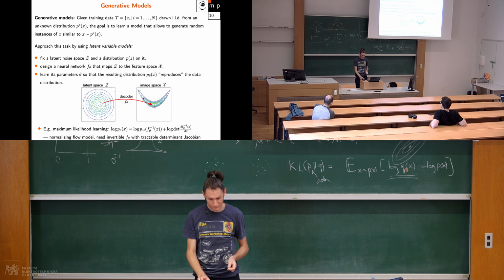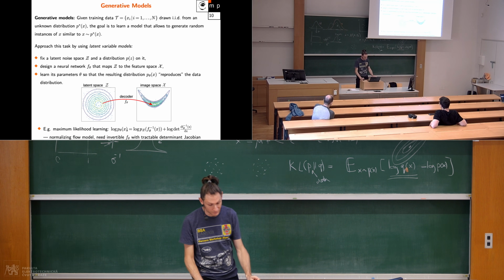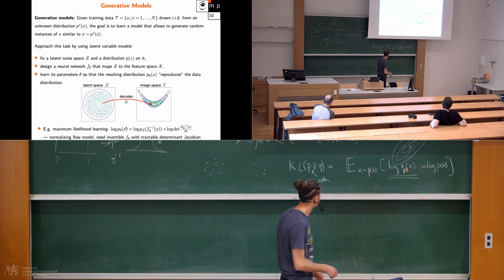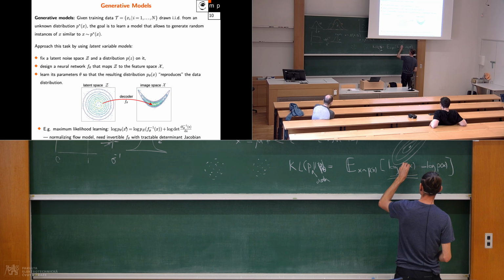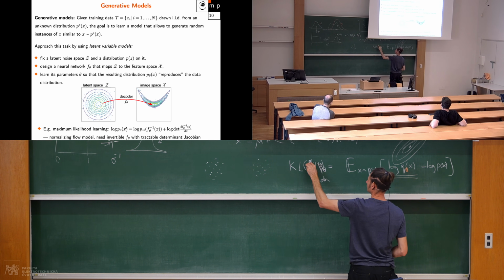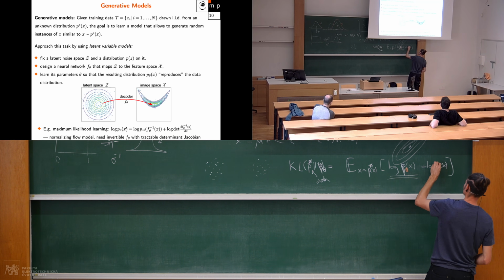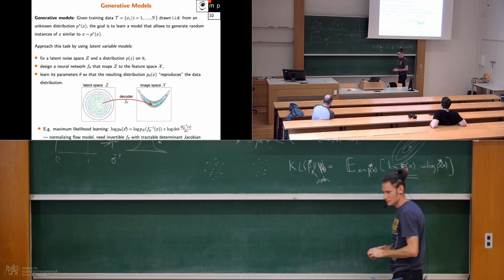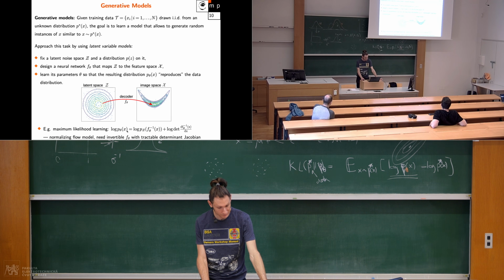But if you have only this model with this decoder, it is still a problem. So we are fitting P theta, and this is P star. To evaluate this log likelihood of P theta, what do we need?